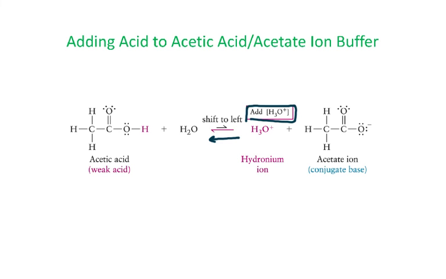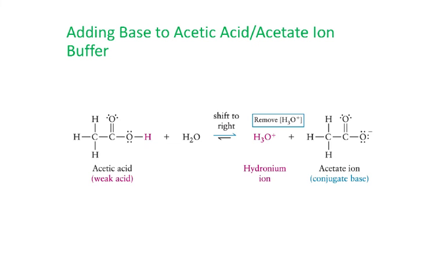We'll look at adding base. And again, you have to think about OH minus and its relationship to H3O plus first, that if you add OH minus, it's going to be equivalent to removing H3O plus, which will cause a shift to replace it, and thus the pH won't change very much.